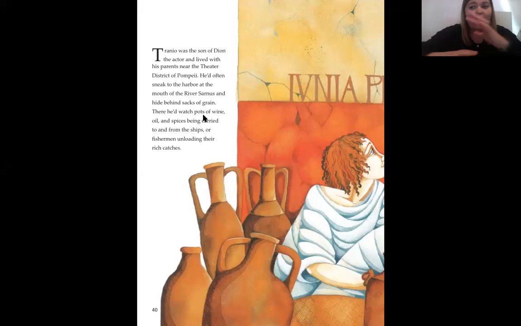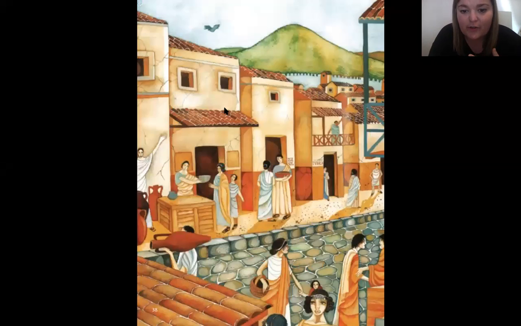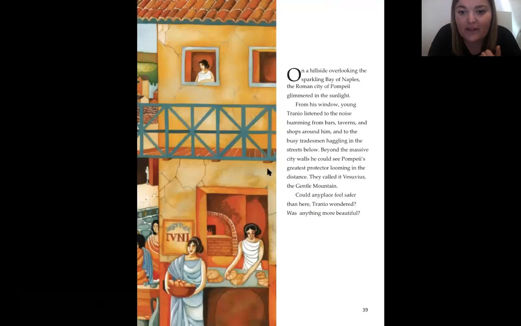So he's seeing all of these things coming into the harbor, fourth graders, and that shows me that this city has a lot of things. Another clue that shows the city is thriving is look at these streets. Everybody's out there trading. And I know he talked up here, there's a lot of humming from bars, taverns, and shops. People are trading. So they've got a lot going on.